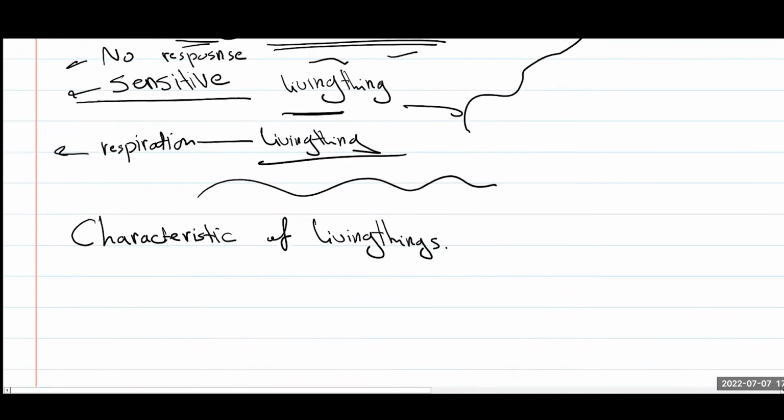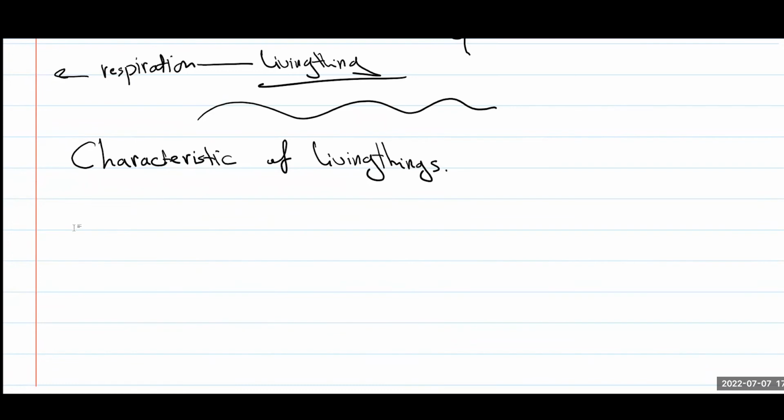Right. Let's state them together. The characteristic of living things. Number 1, we said now, respiration. Okay. Number 2, we said sensitivity, right? Okay. Movement, reproduction.